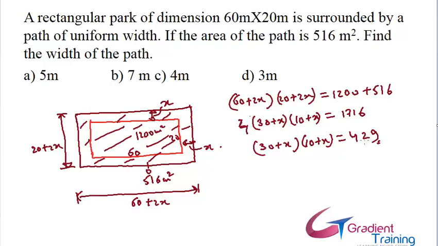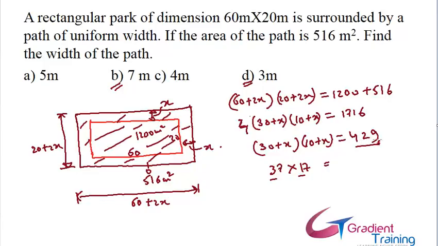By that criteria you have only two options, either 3 or 7. x can be 3 or x can be 7. In both cases it will end with 9. But if you put x equals 7, you have 37 into 17. Both are prime numbers, and 429 is a multiple of 3. 4 plus 2 is 6, 6 plus 9 is 15.